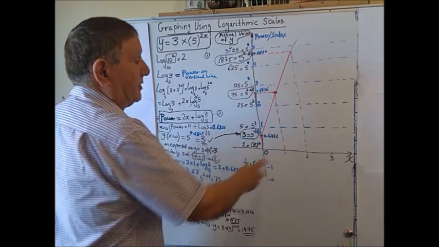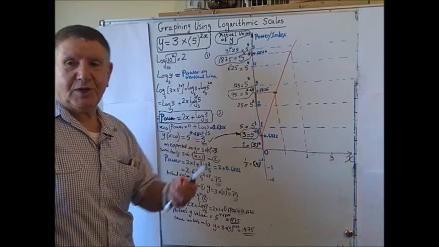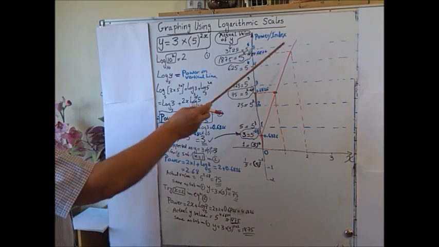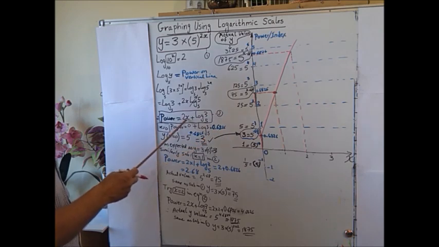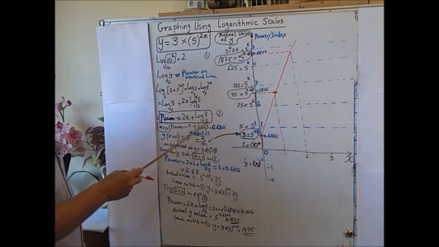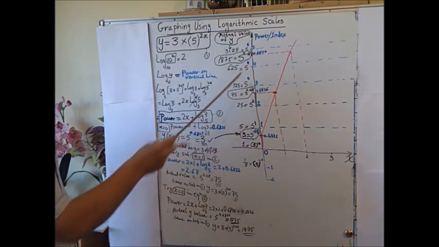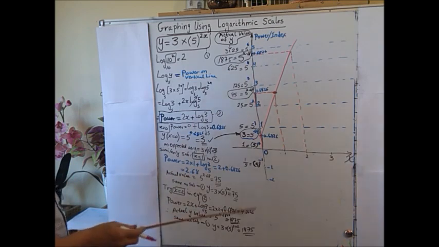Now, you do the same exercise with x equals 2, and as many points as you like. With x equals 2, you find the corresponding power: 2 times 2 is 4, plus the same 0.6826, so it's 4.6826.